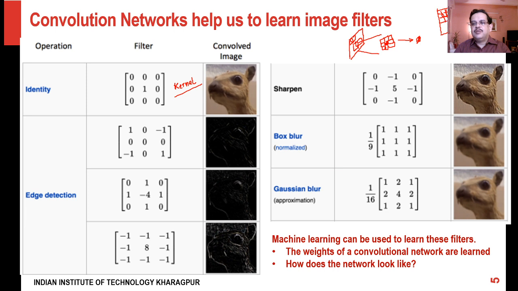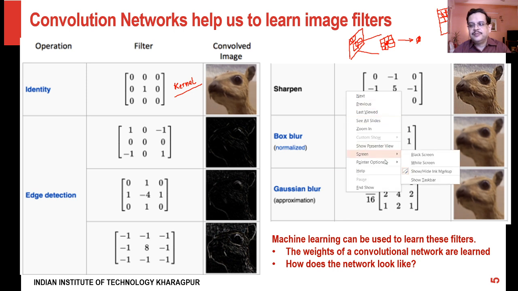So I take all possible 3 by 3 combinations, and for each of them I replace the pixel at the middle with the convolution of the kernel with these 3 by 3 pixels. If you do that, then you will get the corresponding picture as a consequence.